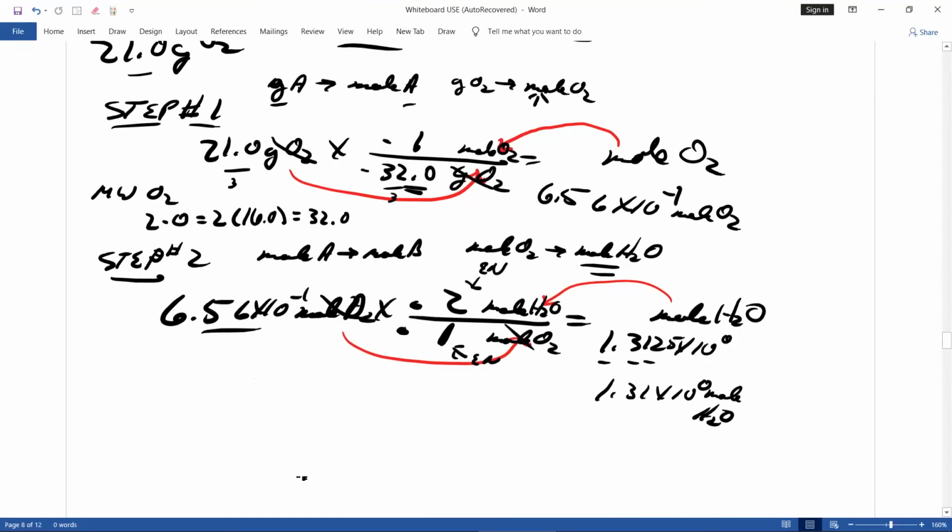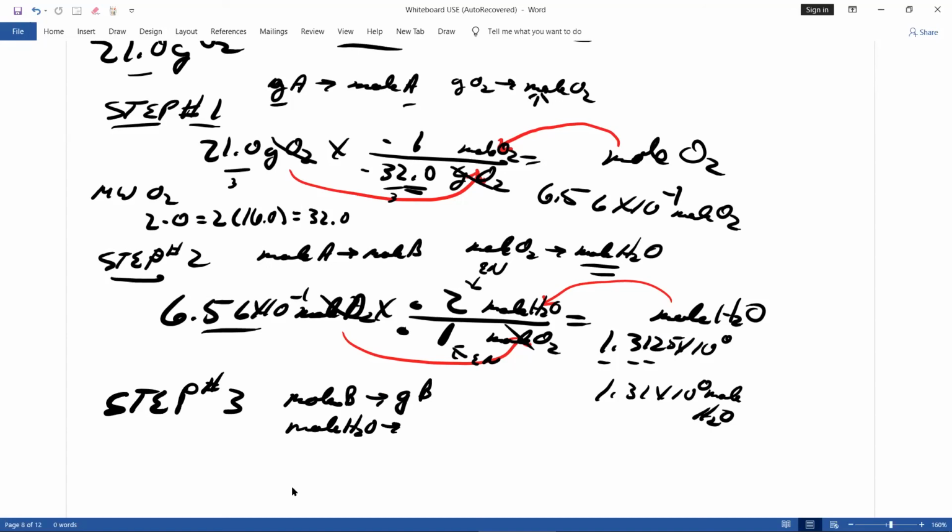So now I have to do step number 3. Whatever I'm trying to get to, which now I have moles of B, I will convert to grams of B. In this case, I have moles of water, and I want to convert to grams of water.